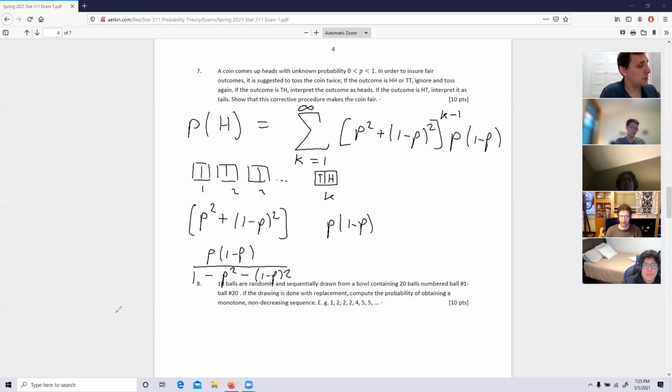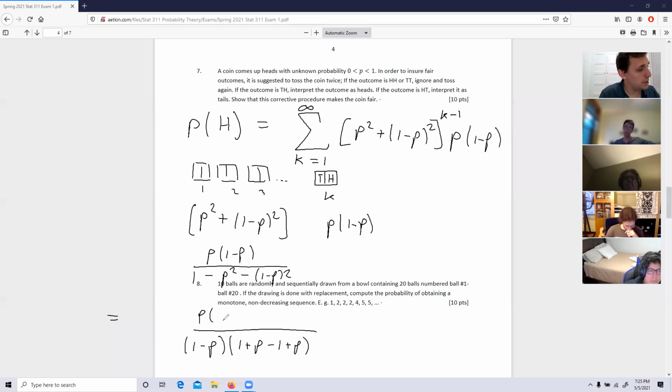We can simplify it: from the denominator I factor out 1 minus p. Here I have p(1 minus p). What happens is this crosses out, and so I am left with p divided by 2p, which is 1/2, just as I expected.